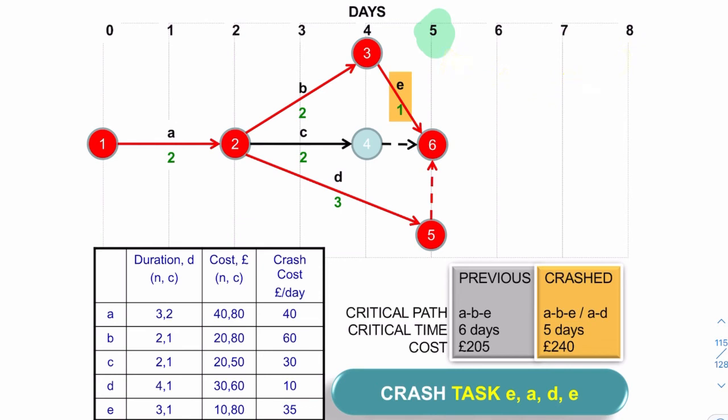So that is a successful crashing. Is there any more crashing we can do now? We still have two critical paths. We still have A, B, E, and A, D. We can't crash A anymore because 2 is the minimum.